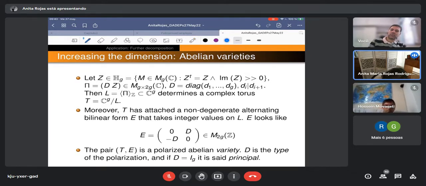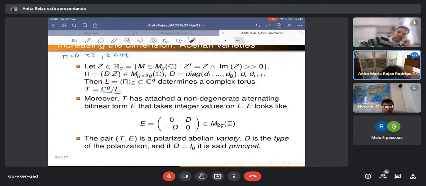In the one-dimensional case, the period matrix P was (1, tau), and tau was an element in the upper half plane, and we are generalizing that. So we have this complex torus of dimension g. Moreover, this complex torus has attached a non-degenerate alternating bilinear form, E, that takes integer values on the lattice.